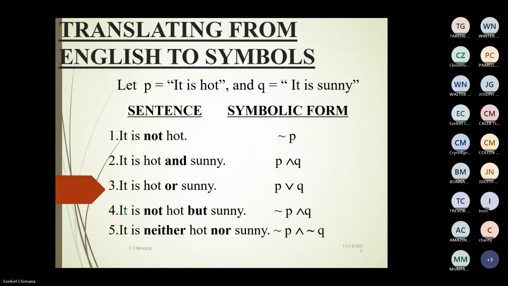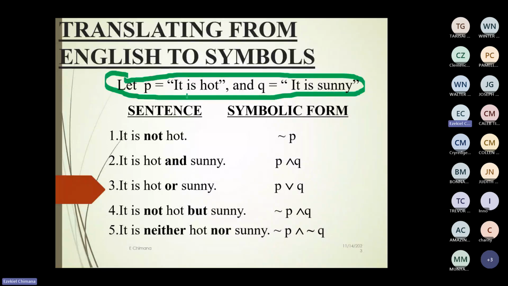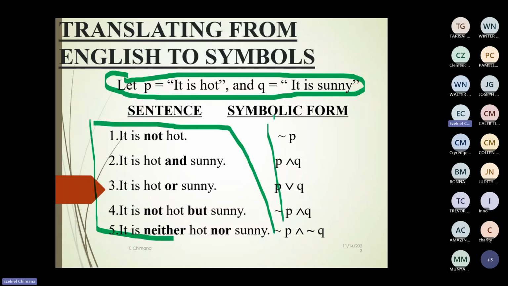Then we are also given these statements. Let P be it is hot and Q it is sunny. These are two simple statements, and then you have the sentence and its equivalent symbolic form.